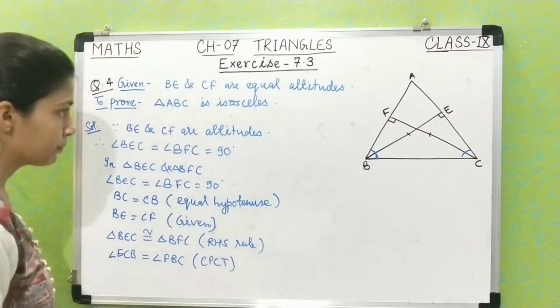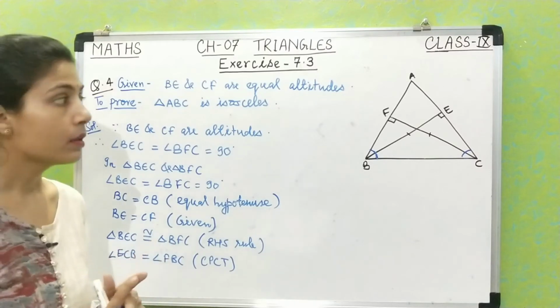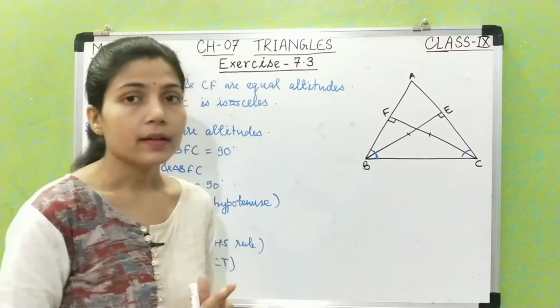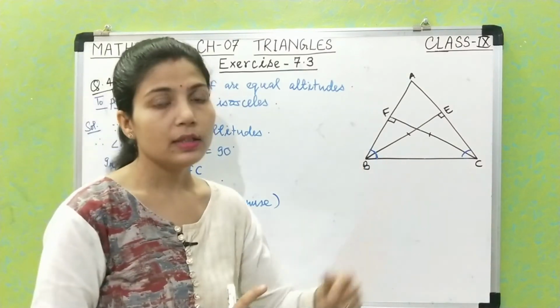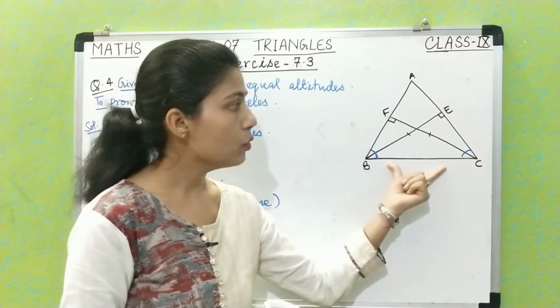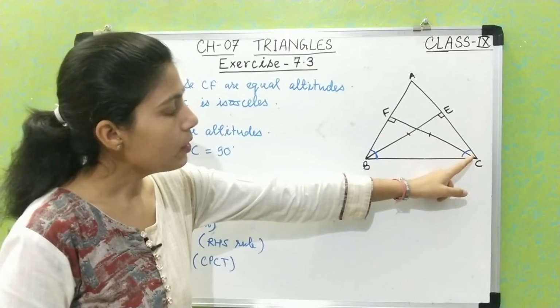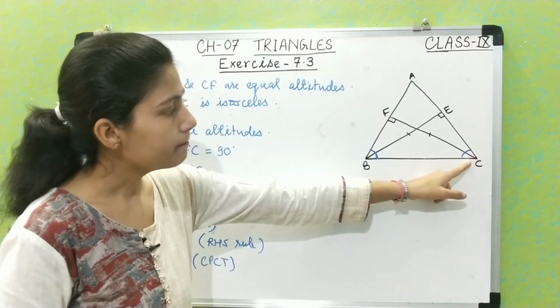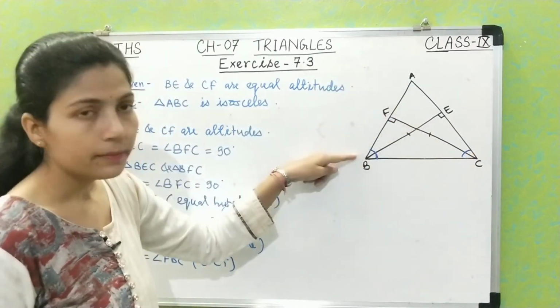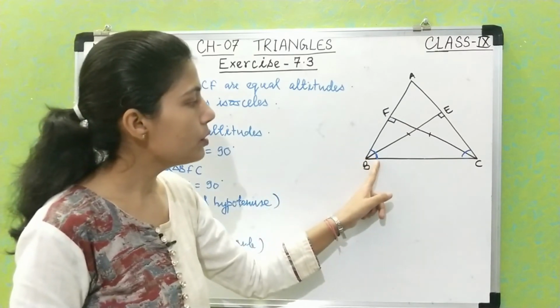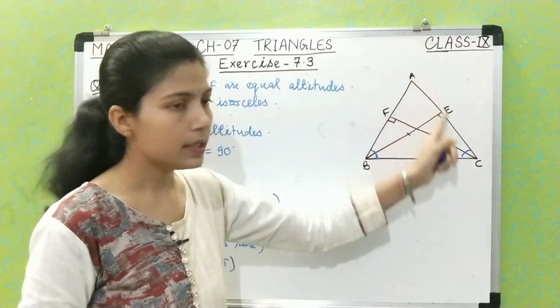Okay, now see, we know that in a triangle, if two angles are equal, then the sides opposite to those angles will also be equal. So see here, the side opposite to this angle C is AB and the side opposite to this angle B is AC.